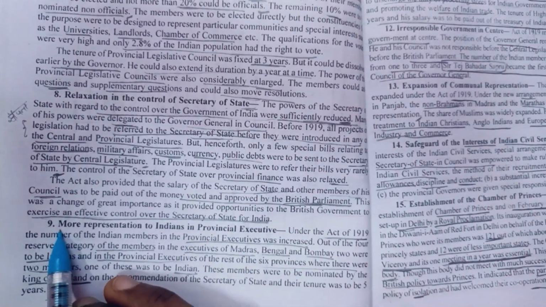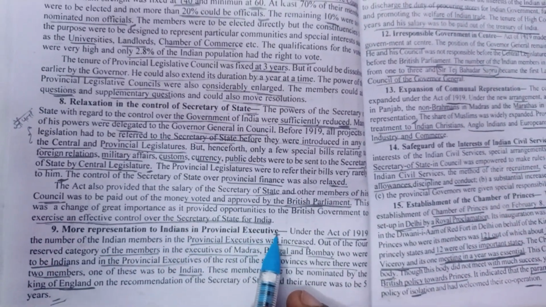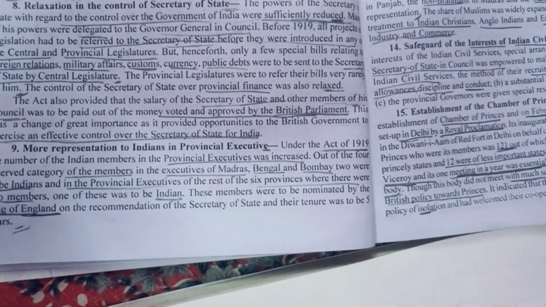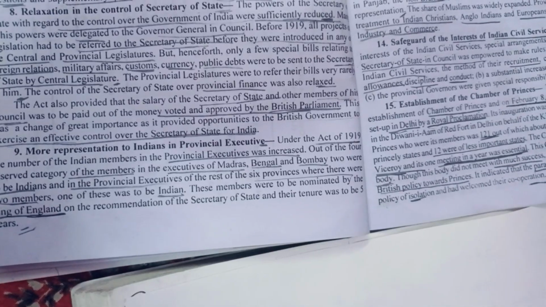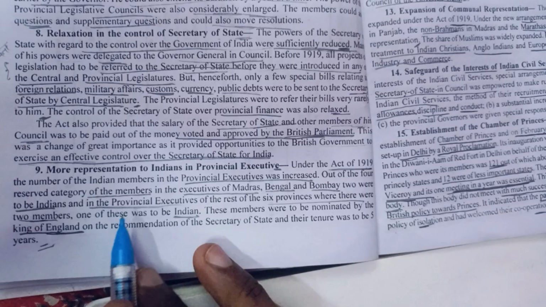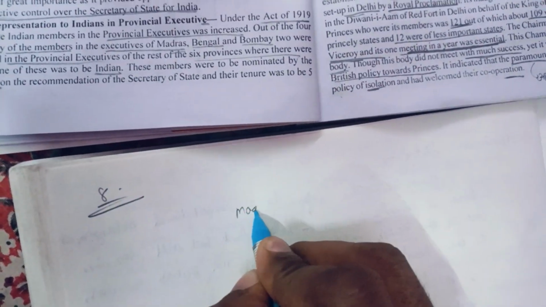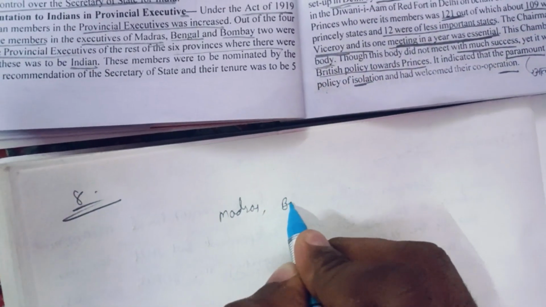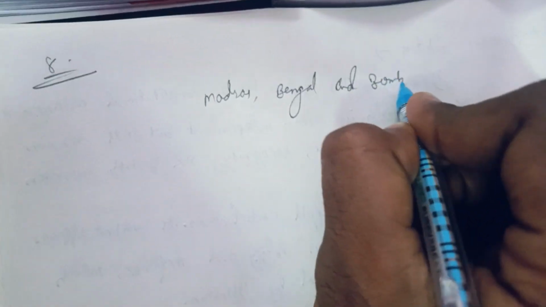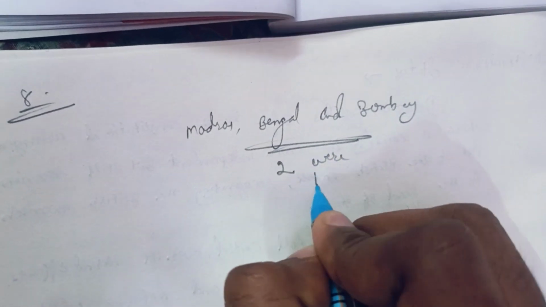Number ninth provision was the more representation of Indians in the provincial executive. So basically, under the Act of 1919, the number of Indian members in the provincial executive was increased, and out of 4 reserved category members in the executive of Madras, Bengal, and Bombay, two were to be Indians.